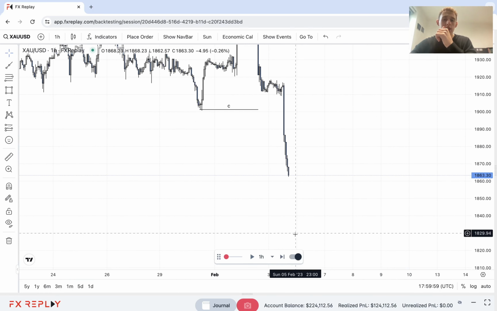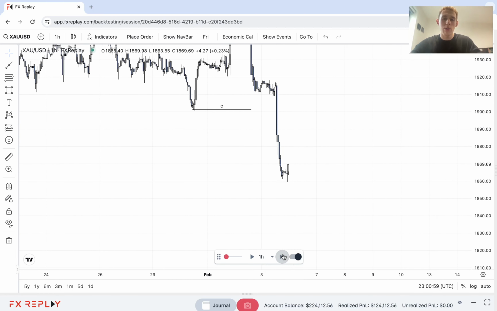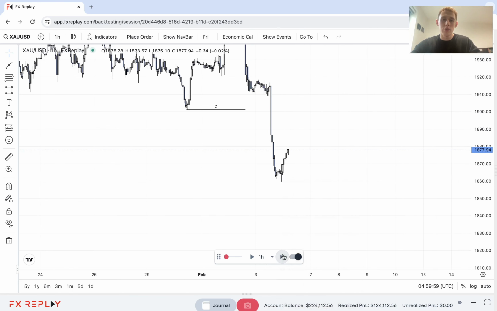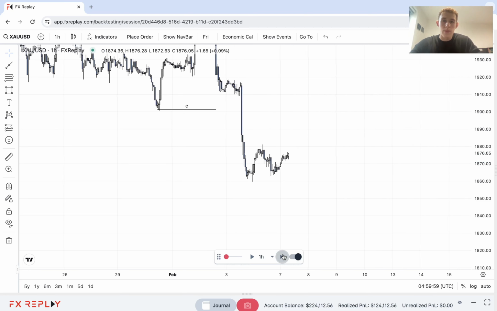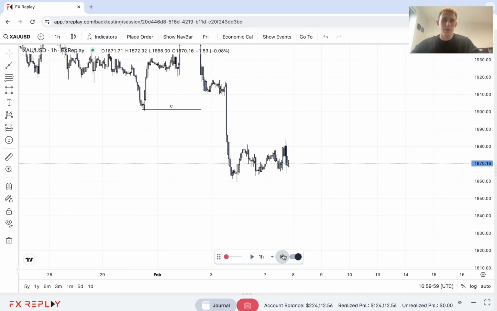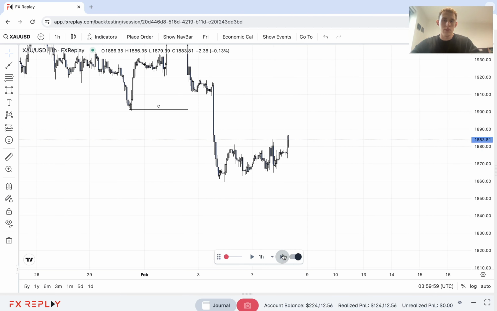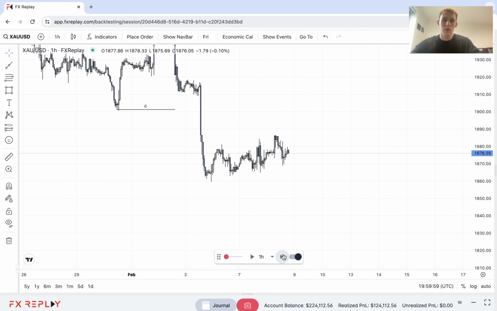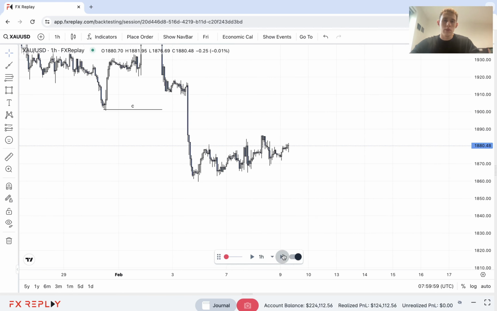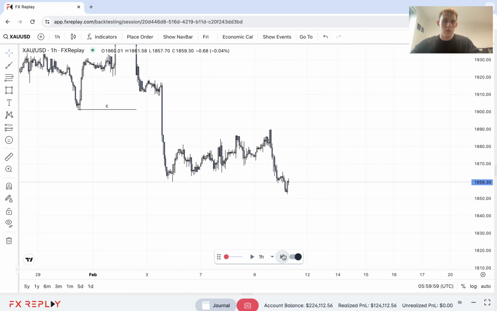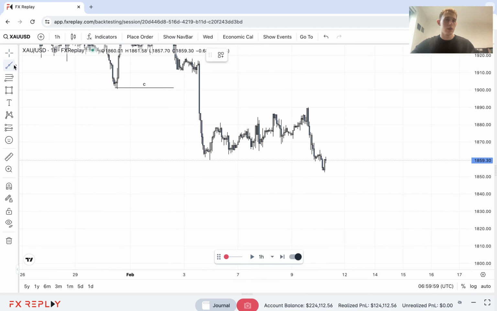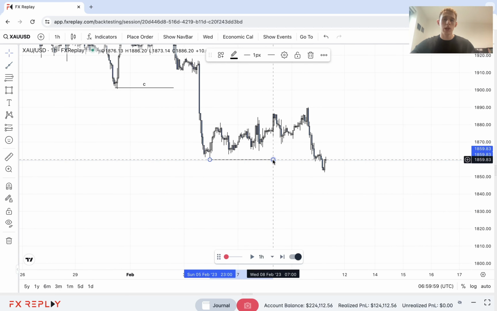And yeah, let's just let price build a little bit first, as I'm not seeing too much at the moment. Okay, so we've had a break of structure there.